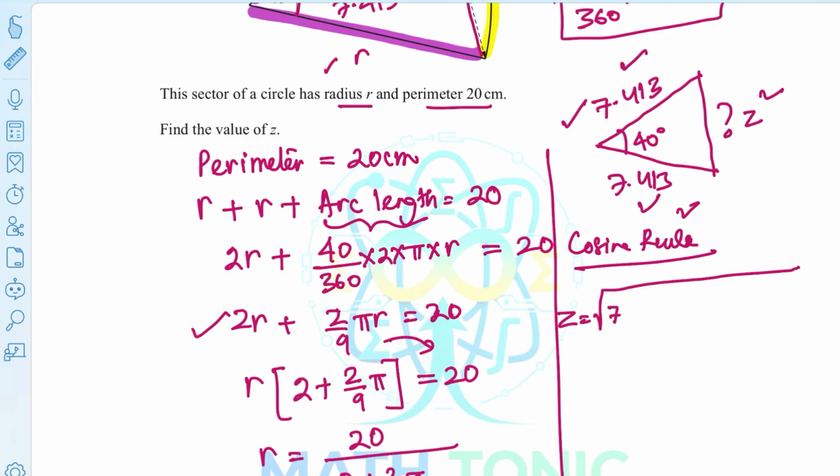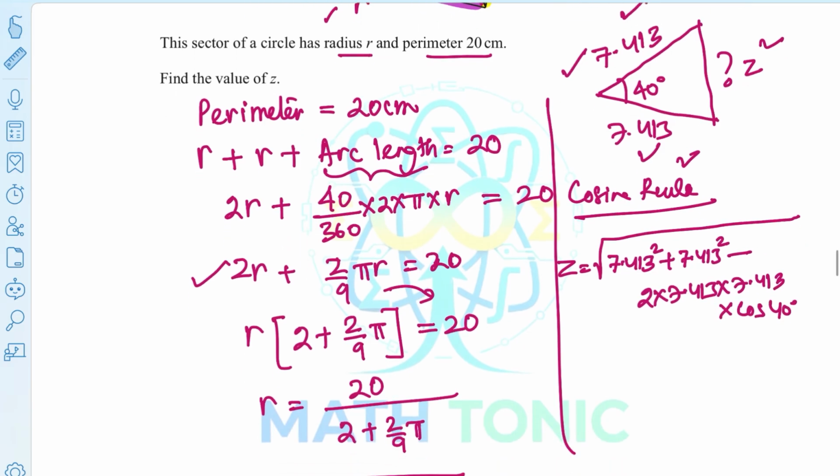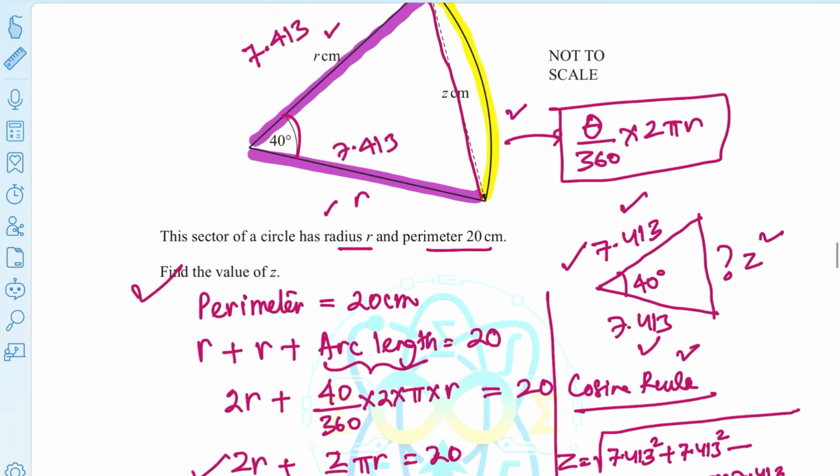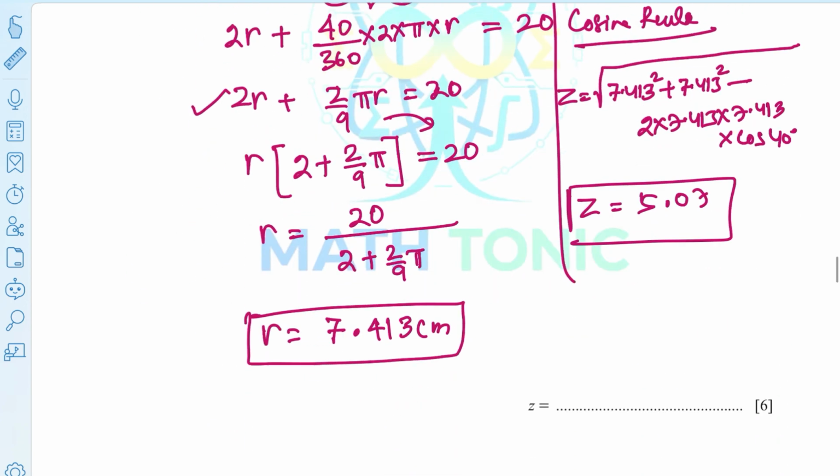So 7.413 squared plus 7.413 squared minus 2 times 7.413 times 7.413 times cos 40 degree. When you type this in the calculator, the value should be 5.07. The value of z will be 5.07 centimeter.